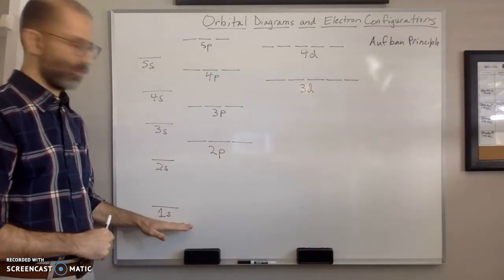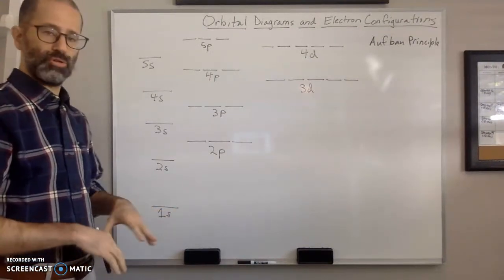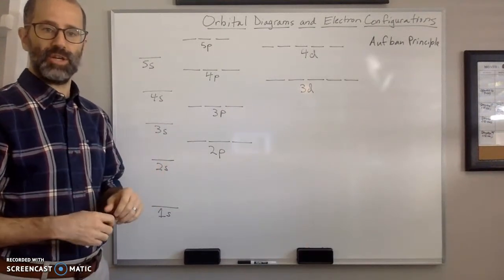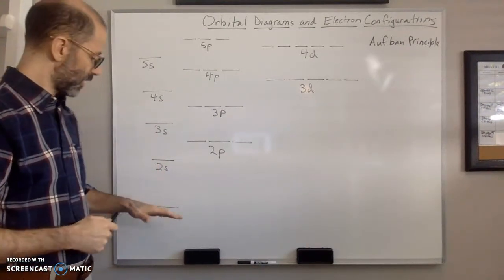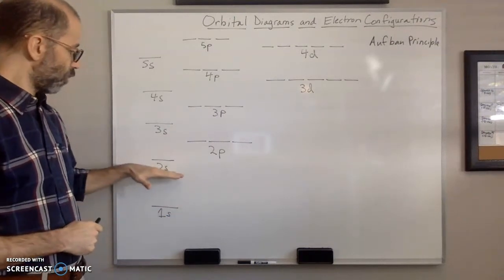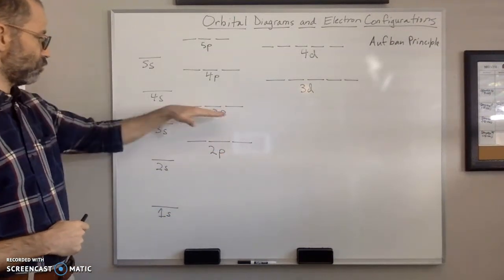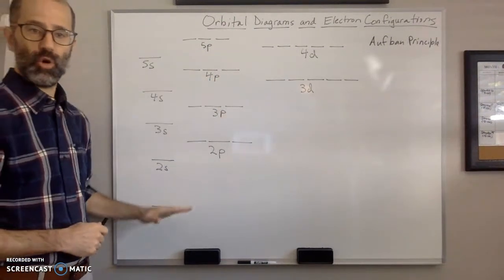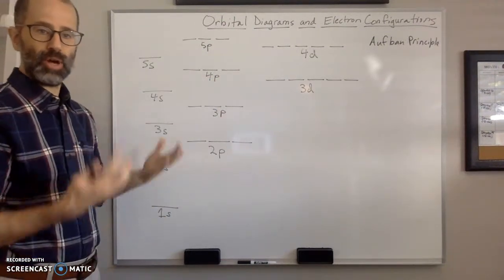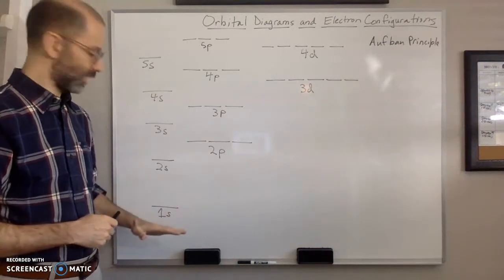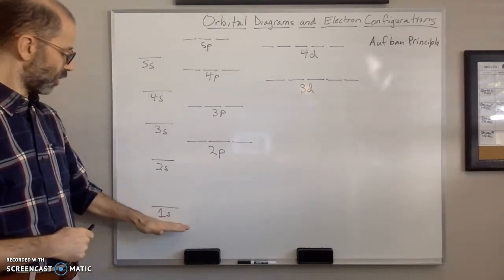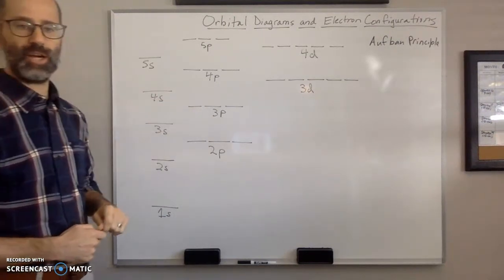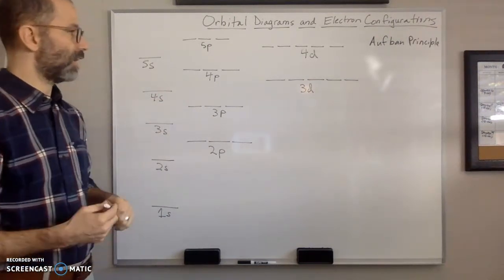You're given a certain number of electrons in your atom, and you fill those electrons into the sublevels and orbitals as you go up in energy until you run out of electrons. You start at the lowest and work your way up to higher and higher energy levels.